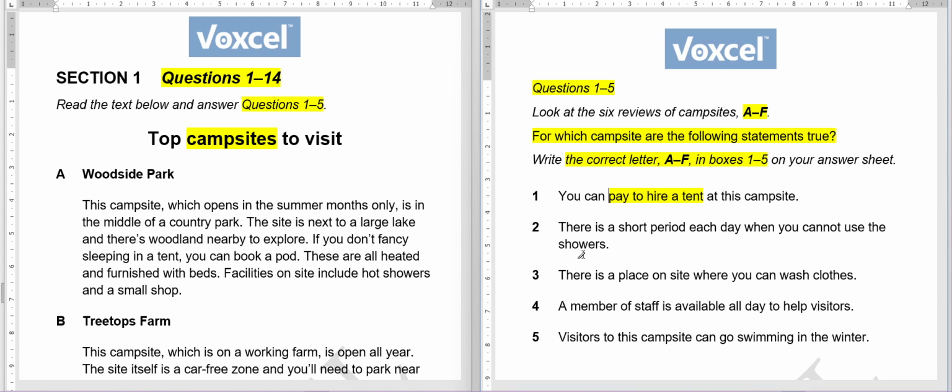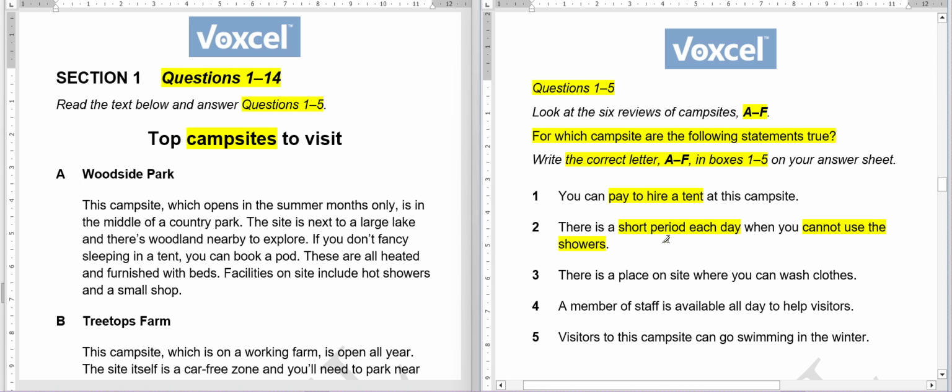Second, there is a short period each day when you cannot use the shower. So in whichever campsite there is some particular period of the day, every day, in which you cannot use the showers, that campsite will be your answer. Now can you tell me how these words can be paraphrased? "Short period each day."